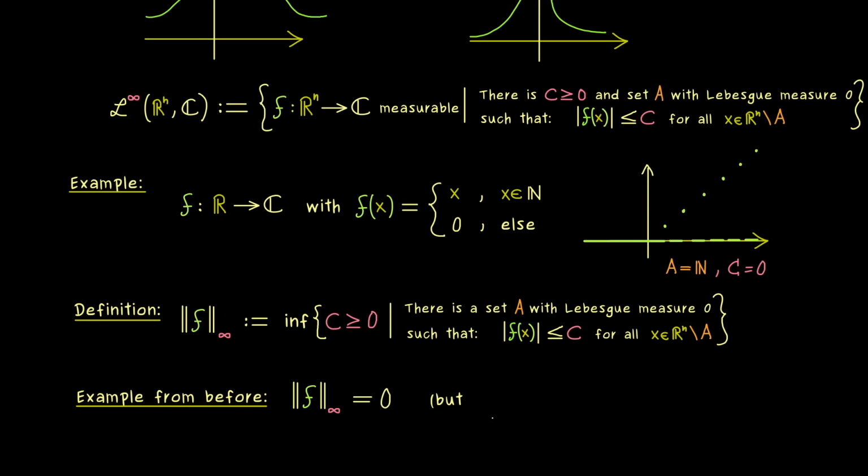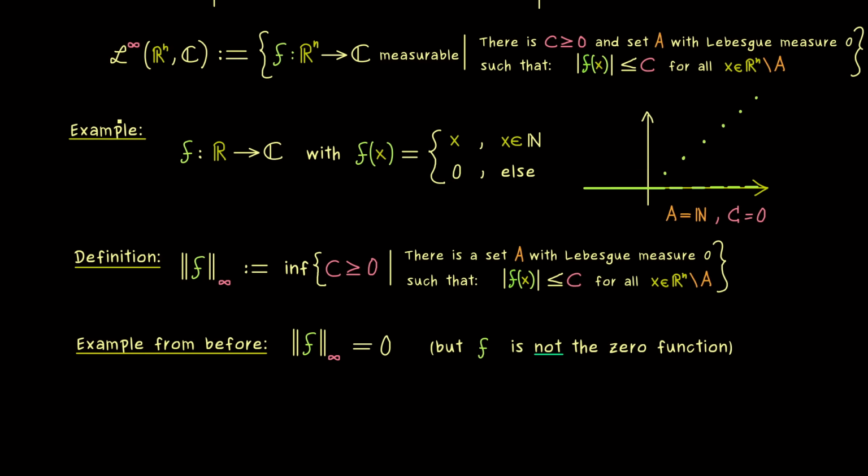And this already tells us that we don't have a norm here, because f is clearly not the 0 function. However, you can easily check that all the other norm properties are satisfied, so we just have to fix this one. And there you already know, this is not so hard, it works exactly the same as for the other Lp spaces.